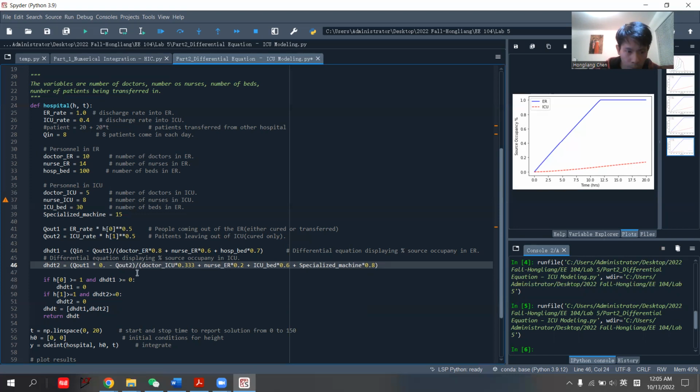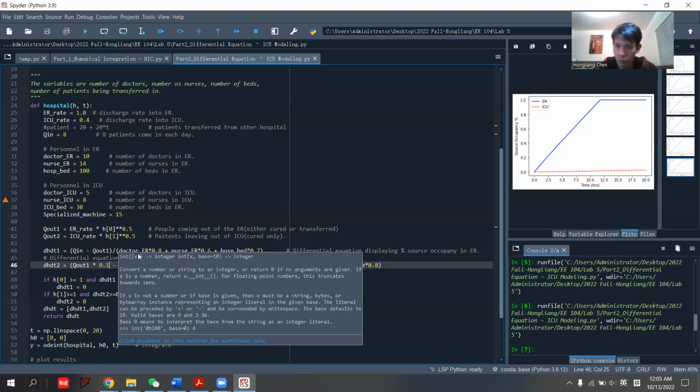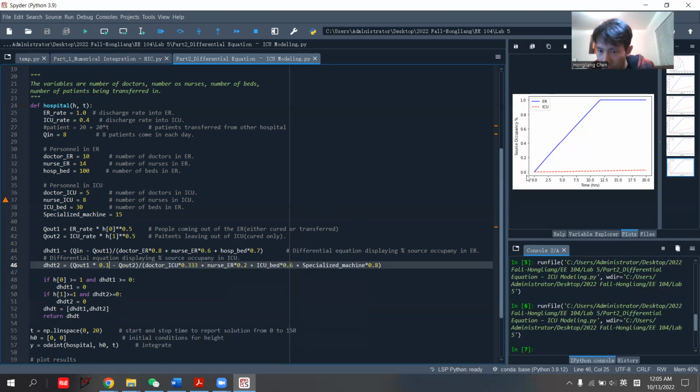If I keep dropping it by 0.1, the red line should drop almost to 0, because too many hospital resources are being prepared for the ICU patients.